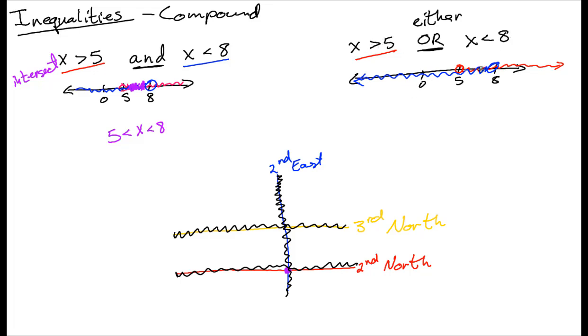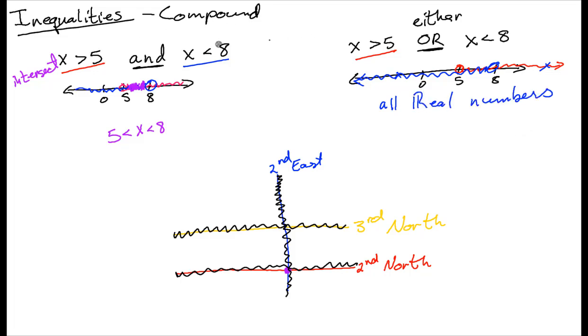That means they're colored either red or blue. We're not just looking for the purple ones, we're looking for anything that's colored, and oh my goodness, every number is. This number fits the criteria because it is less than 8. Numbers up here fit the criteria because they're bigger than 5. So this solution is everything, all real numbers.